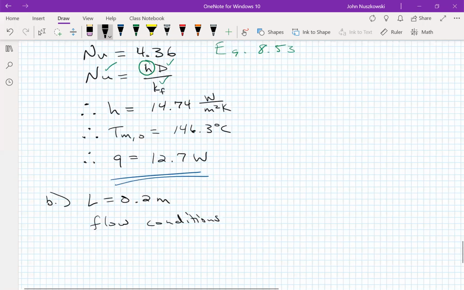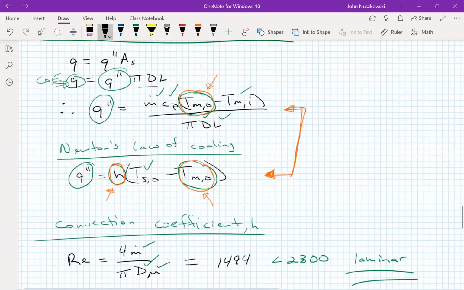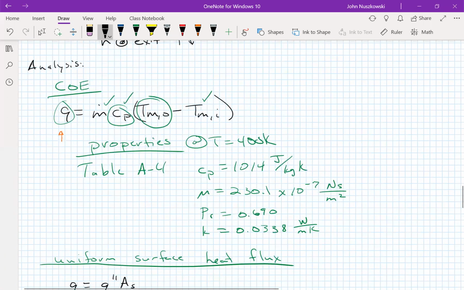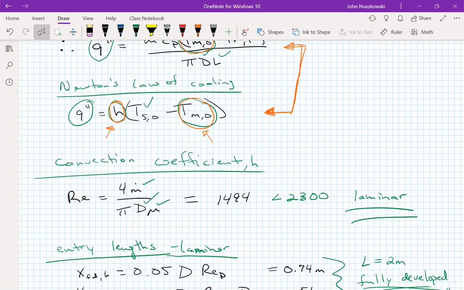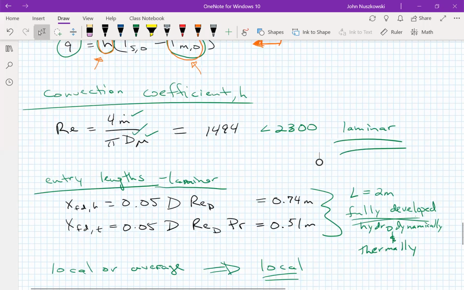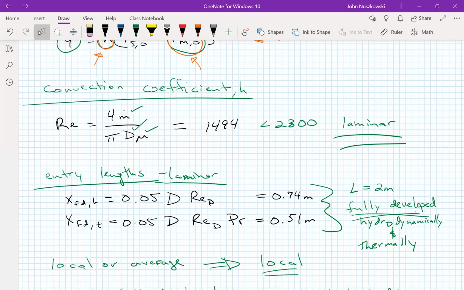All right, so let's go back up here. Nothing with length yet, flow conditions. This is all temperature. So if we are here, we have a length of 0.2 meters. What changes? It's not fully developed. The Reynolds number is still the same because that's just mass flow rate and dynamic viscosity.